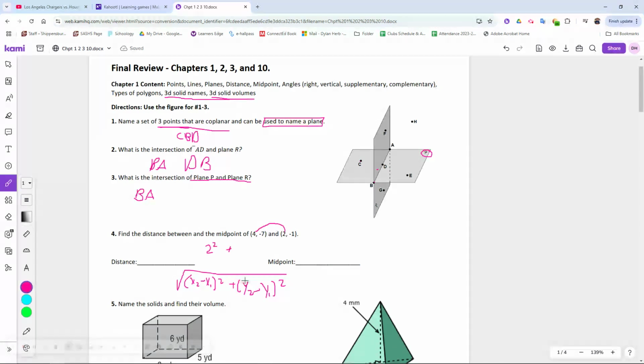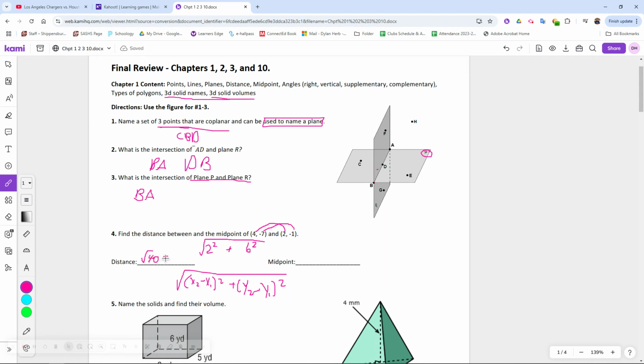And then I add on how far apart are my y's. I don't worry about whether they're positive or negative, because the formula will square that number and will automatically make it positive no matter what. So all I gotta do is make sure I know how far apart these numbers are, and then I'm good. So -7 and -1 are only 6 apart, so I need to square 6. So my answer for distance is going to be the square root of 4 plus 36, which is the square root of 40.